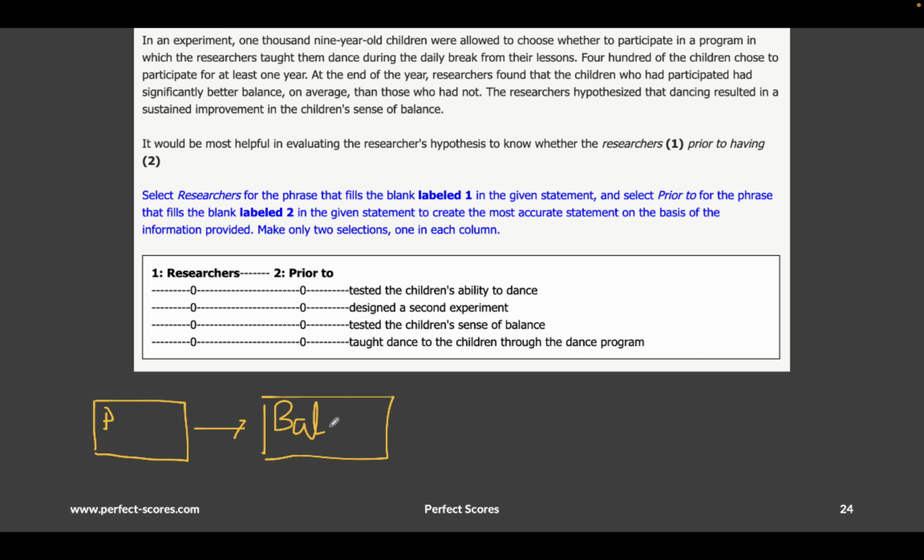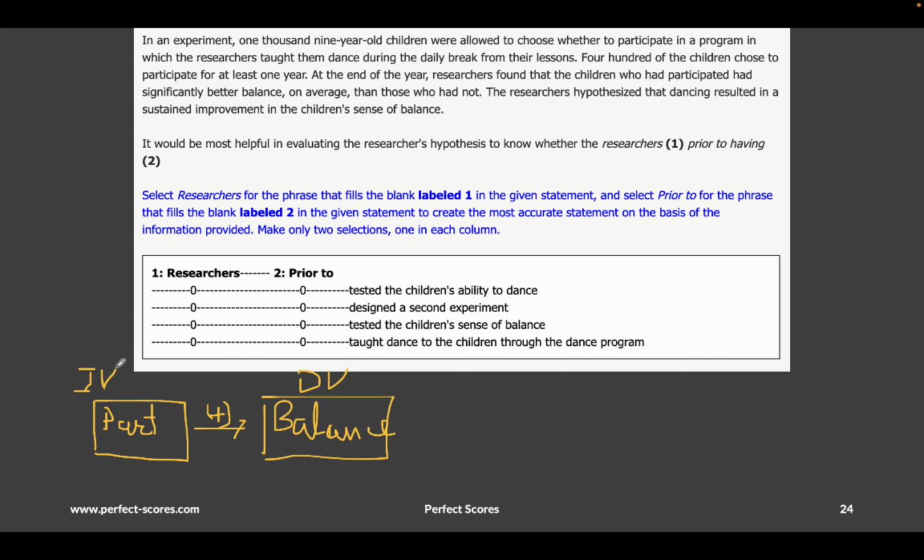So I'm just going to write balance. Your participation in the program is actually positively influencing your balance. So this over here is your dependent variable, which is your balance, and this over here is your independent variable, which is the participation in the program.